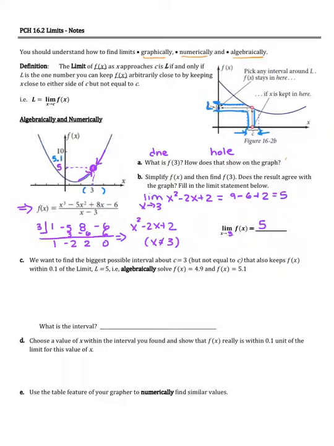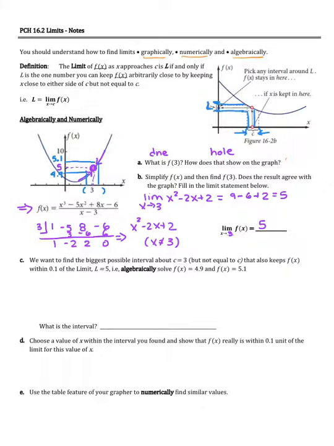We know we can go up to 5.1 and down to 4.9, because that is within 0.1 of our limit 5. And we want to find the corresponding input that keeps us within that interval.